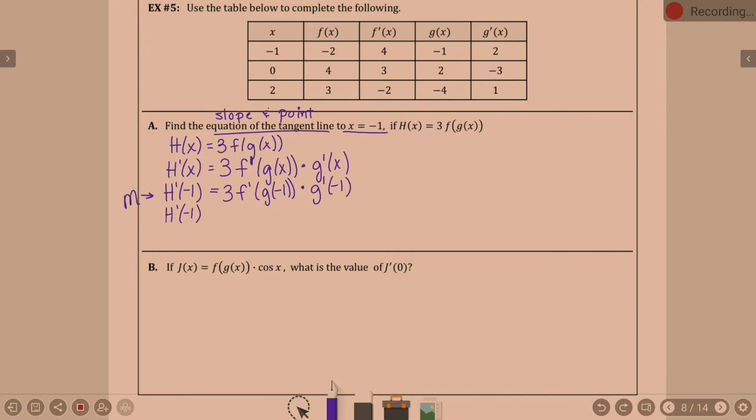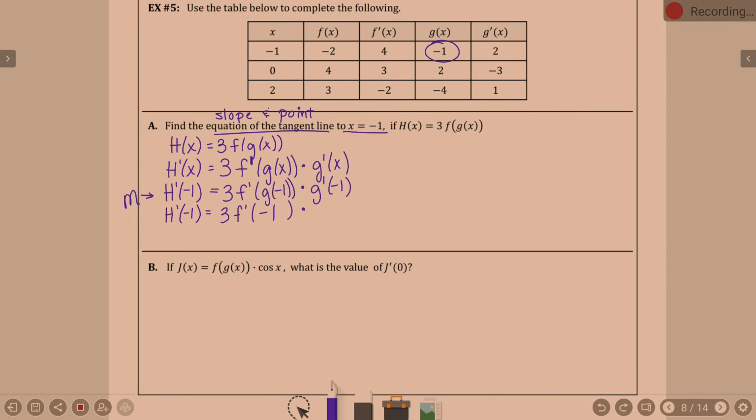Three stays 3. F prime has to stay F prime for right now. What is g of -1? According to the chart, yes. So that's a -1 on the inside. Times what is g prime of -1?